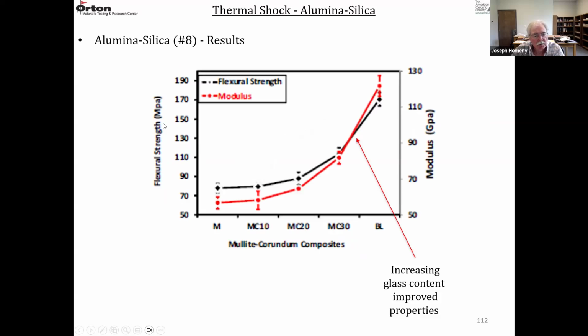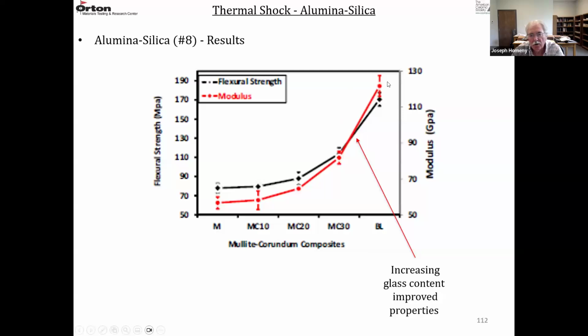So if you look at flexural strength as a function of composition, flexural strength is on the left-hand side, modulus is on the right. Strength is in MPa, modulus is in GPa. So the black curve is the strength, the red curve is the modulus. These materials going from left to right are getting much more dense.